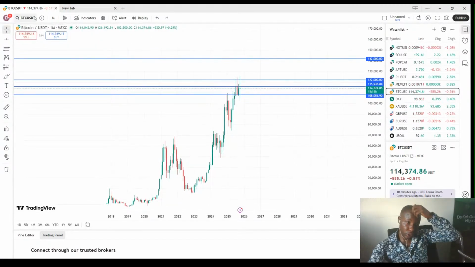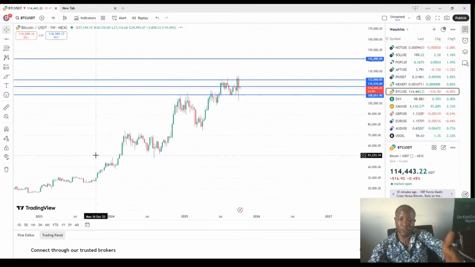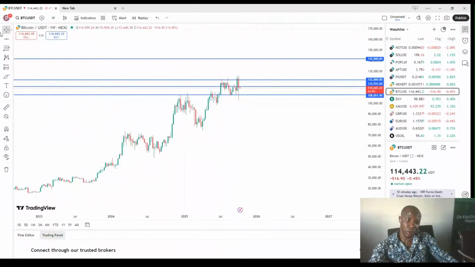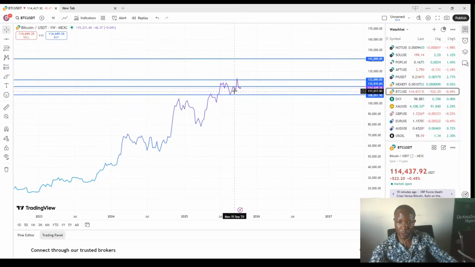So I'll now go to the weekly time frame to see if there is a chart pattern that is correcting this movement. I switch over to the line chart. You can see there's no chart pattern, but we have a W bottom here, suggesting that BTC might actually drop to the second leg of the W, or neckline, then continue to the upside. No correctional pattern has formed already.